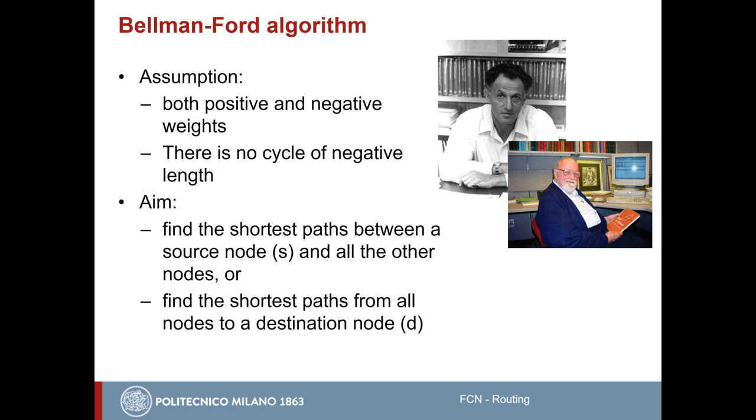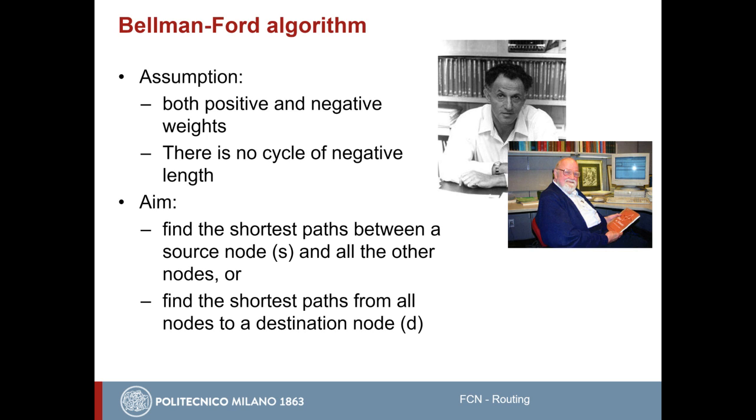Bellman-Ford is able to find the shortest path in polynomial time in any directed graph where you can have both positive or negative weights on the arcs. The only assumption is that there is no cycle of negative length.